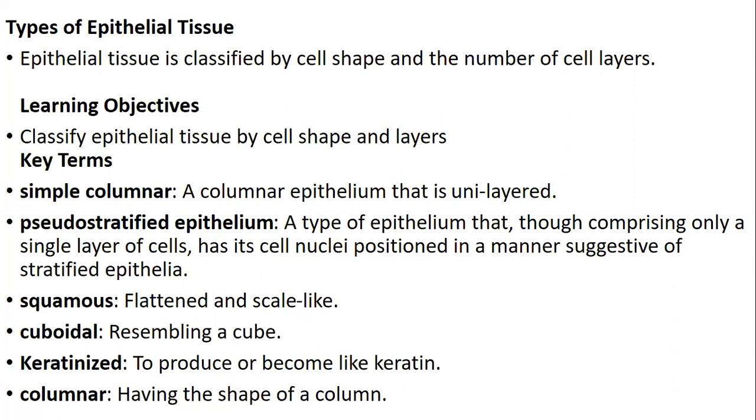Pseudostratified epithelium is a type of epithelium that, though comprising only a single layer of cells, has its cell nuclei positioned in a manner suggestive of stratified epithelium, hence the name pseudo. Pseudo means something not original, okay? Squamous epithelium is flattened and scale-like, cuboidal resembles a cube, keratinized means to produce or become like keratin, columnar has the shape of a column, okay?